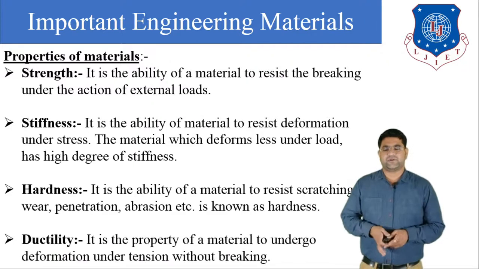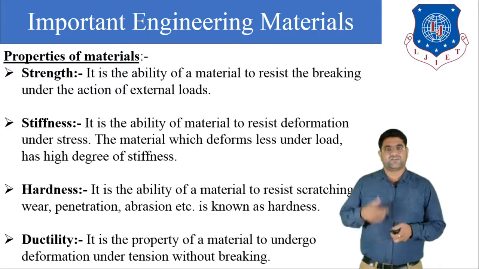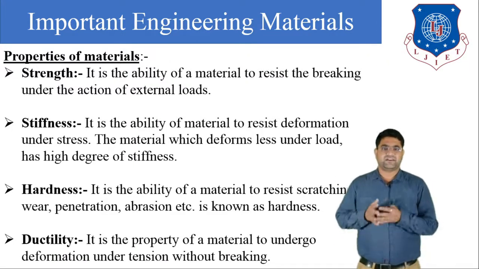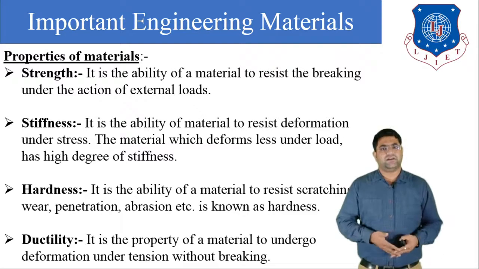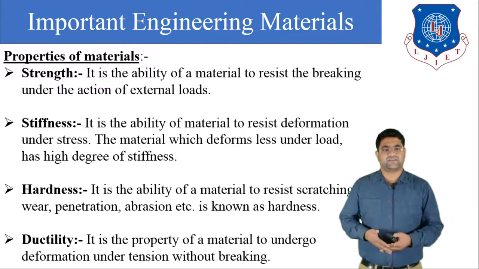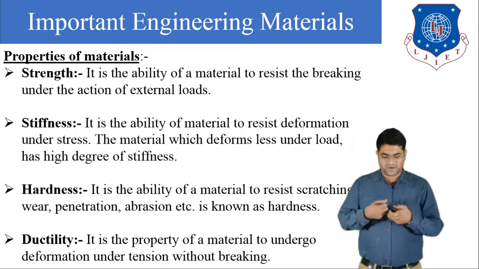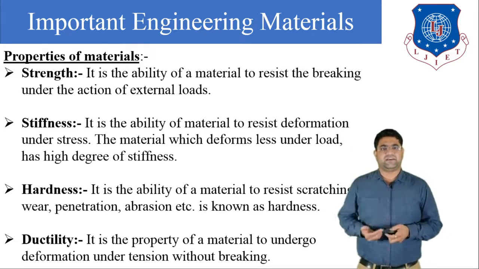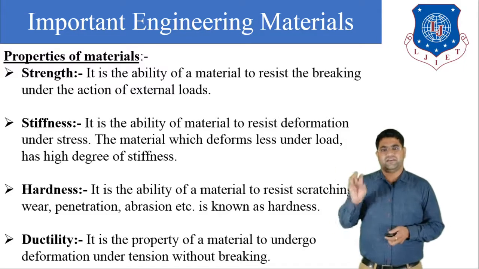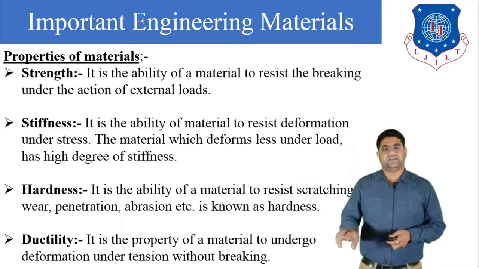Now our next property is the ductility. What is the meaning of ductility? Ductility is the property of the material to undergo deformation under tension without breaking. When we apply a load or tensile force over any body, if the material can undergo deformation, then we can say that the ductility of that material is very high.